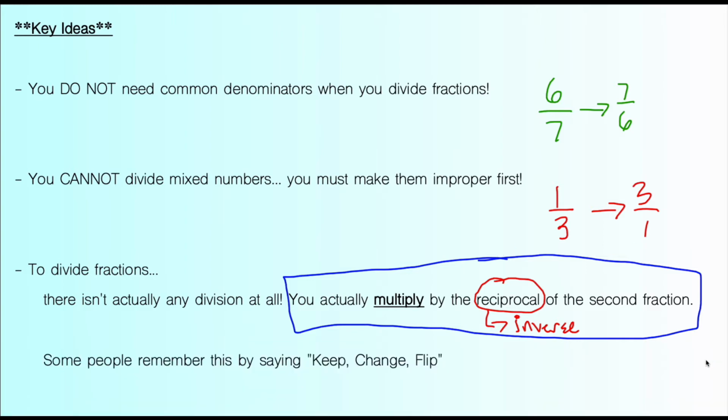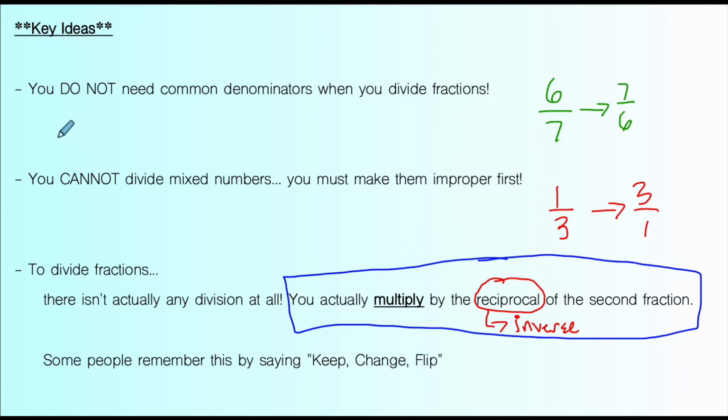And lastly, some people teach this by saying, when you divide fractions, keep, change, flip. All that means is keep the first fraction in the division problem the same as it was, change the division to multiplication, and flip the second fraction. Flip meaning find the inverse of the second fraction.